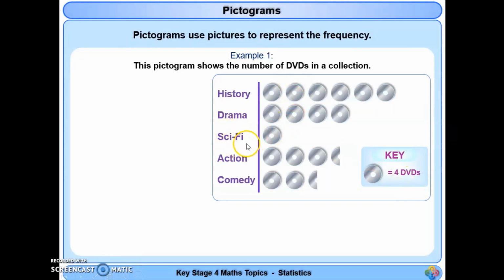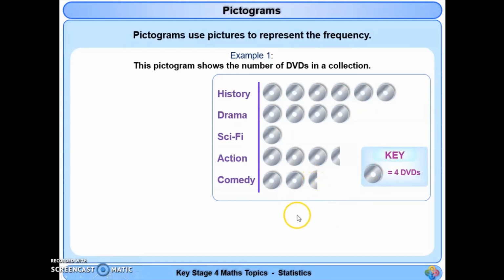So if I look at sci-fi, it's represented by one disc. Therefore, the frequency of the sci-fi genre is 4 DVDs. We also need to take note of this half image, half of a disc. If a full disc represents 4, you would expect half a disc to represent 2.